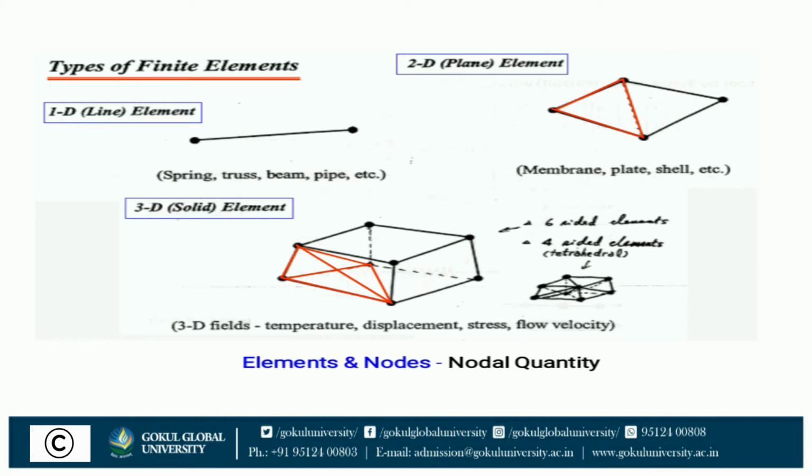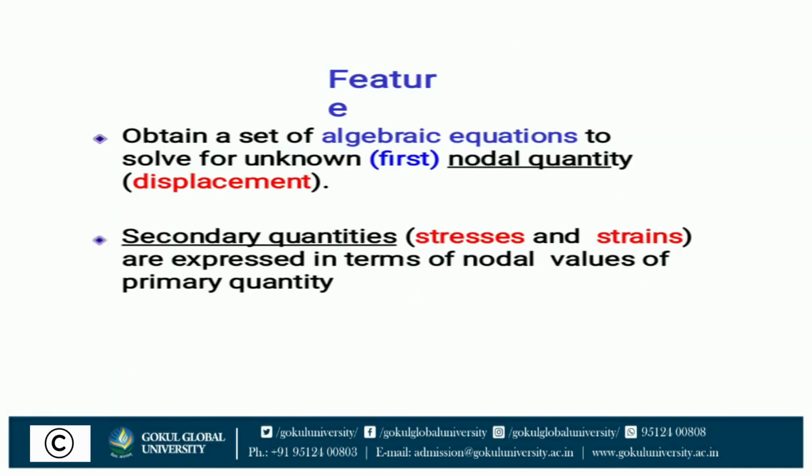In two-dimensional elements, there are membranes, plates, shells, etc. If you take a hexagonal shape, you get the three-dimensional element, with quantities like temperature, displacement, stress, flow, and velocity. Then, to obtain a set of algebraic equations, you get the number of equations and the number of unknowns.